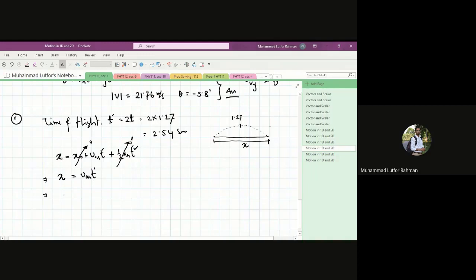I'm sorry, it should be t prime, because I'm dealing with the total time of flight. Then I know that v naught x is v naught cos theta. So x would be v naught, which is 25, into cos 30, into t prime, which is 2.54.